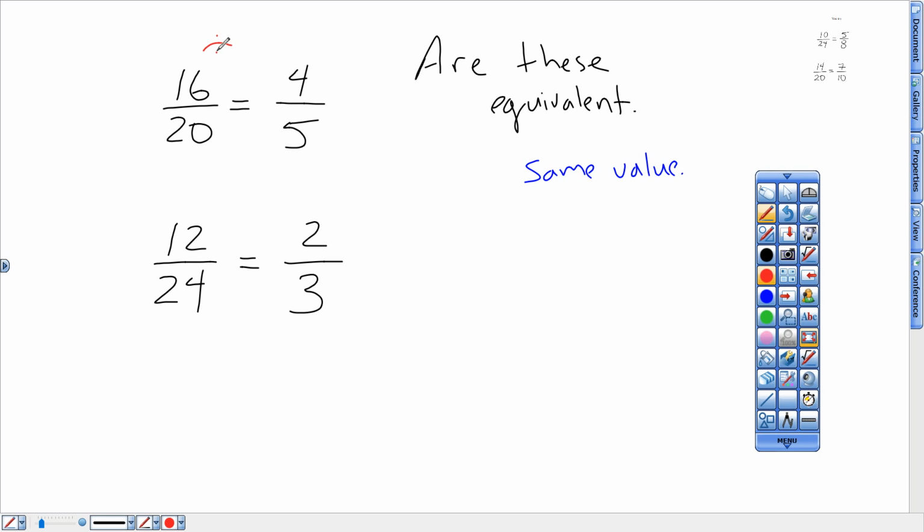So again, if I look at this 16 and 4, looks like I'm dividing by 4 to get that. If I take this 20 and divide it by that same 4 and it gives me 5, that proves that these are equivalent. If I could times or divide by the same number, top and bottom, and that's the same, that proves they're equivalent. So yes, those are equivalent.